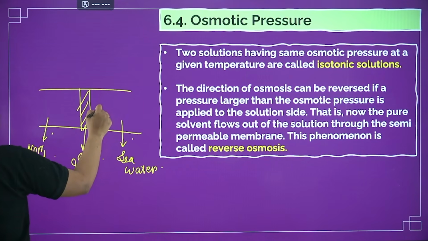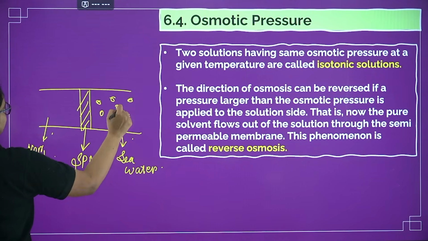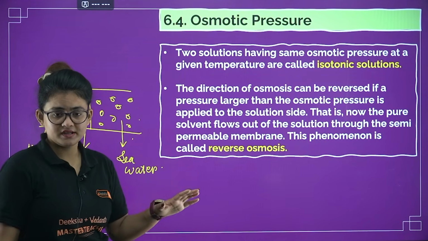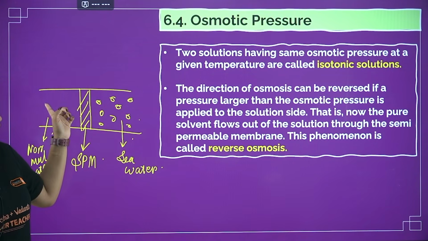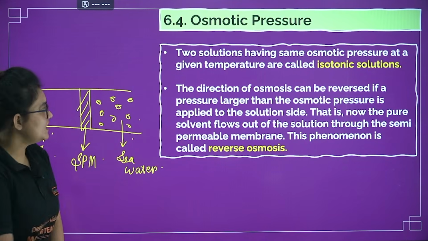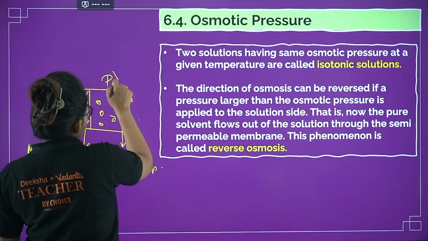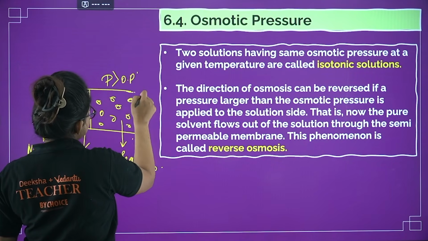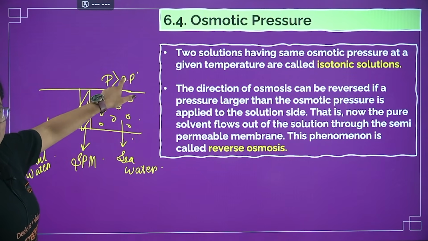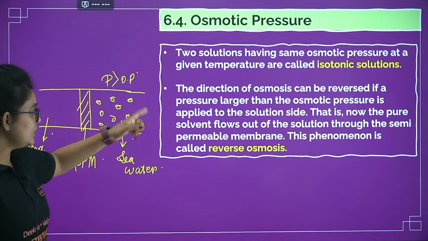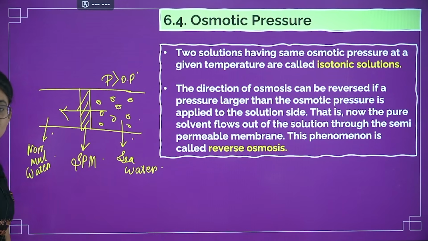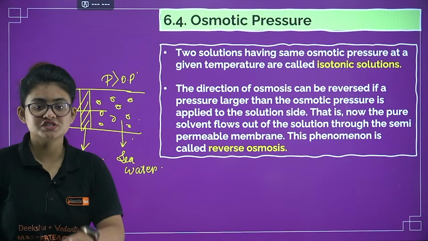Here it is concentrated because in seawater we know there are so many salts. In the normal water it is diluted. So in the usual method, what should happen? The solvent should go from low concentration to high concentration, right? But whenever the pressure applied on that side is greater than the osmotic pressure, it will force the solvent from the higher concentration zone to the lower concentration zone, the reverse of the original osmosis.